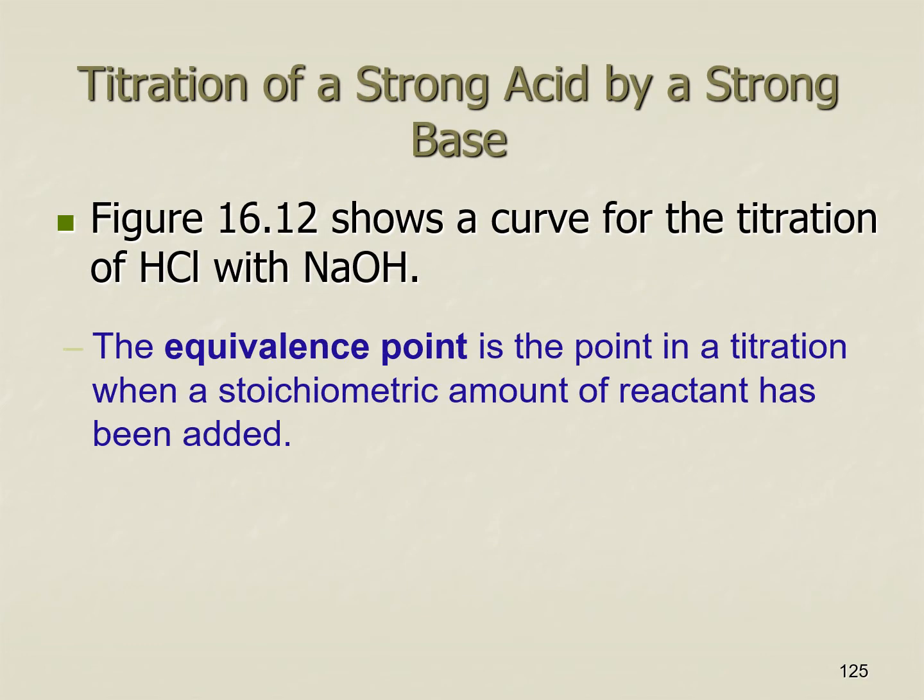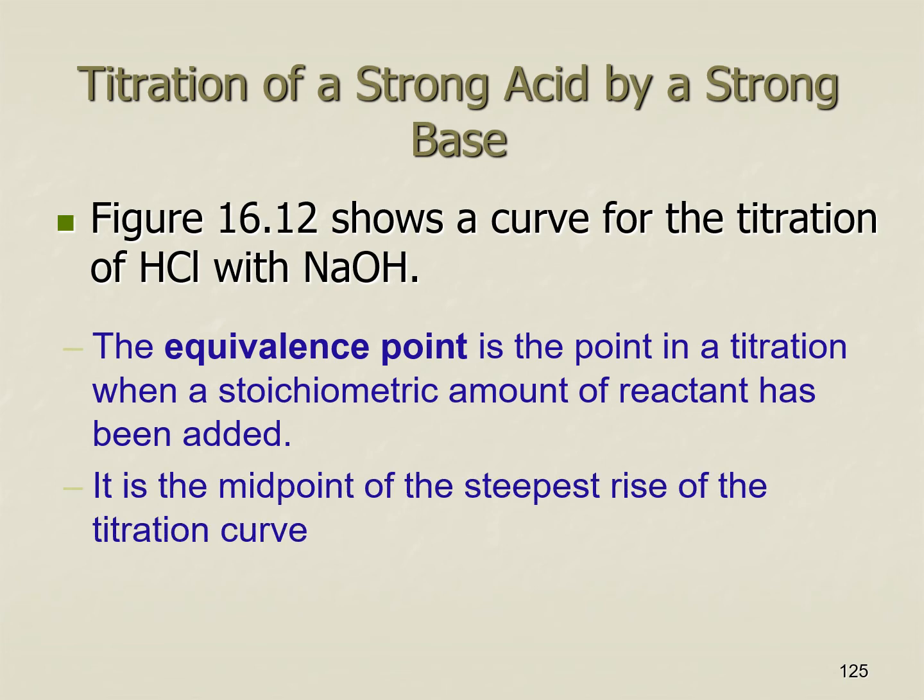So here's a figure. The next figure will be a titration of hydrochloric acid with NaOH. So this is the titration of a strong acid and a strong base. What I want you to notice on the graph is that the equivalence point or the end point is when the stoichiometric amounts of acid and base have reacted.